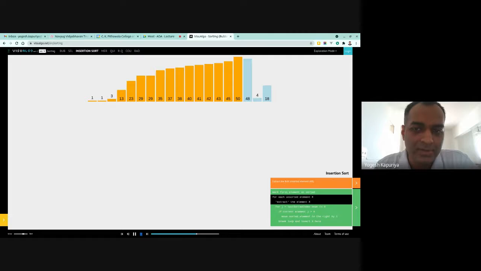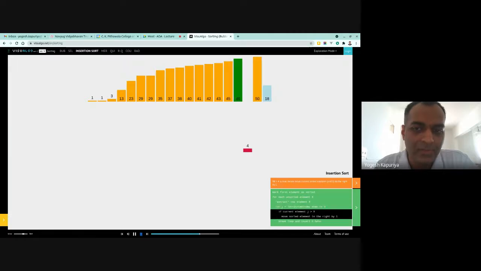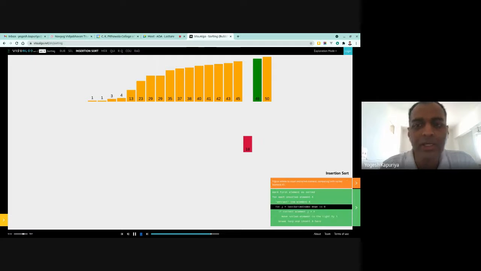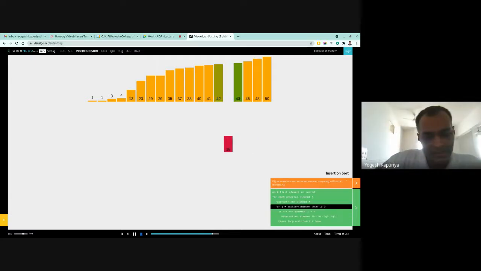Stop. So this 4 has to go till the first point, right? Not the first point, but it has to go till 3 because that is what its value is. Again, this 18 has to go till 13.